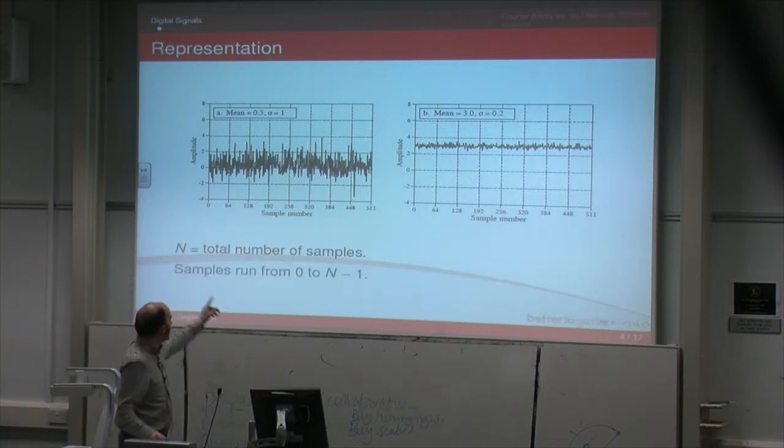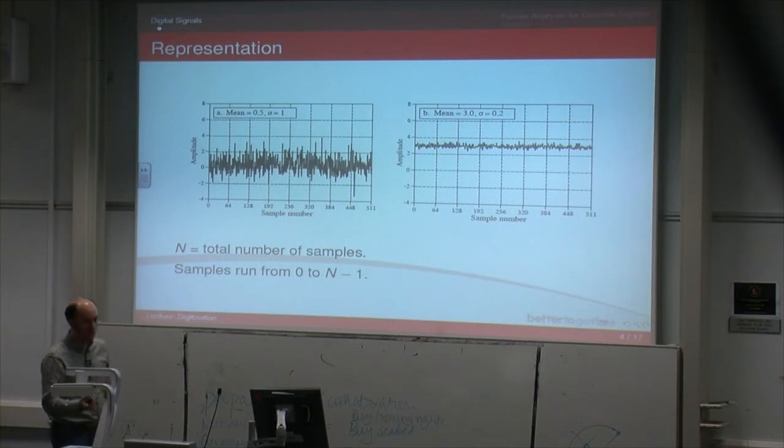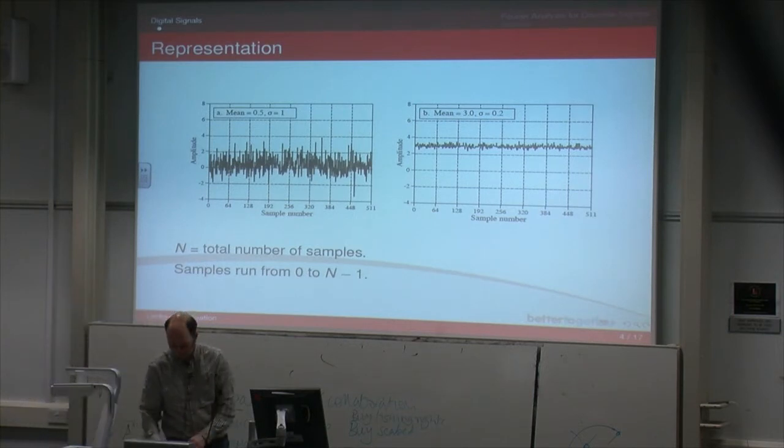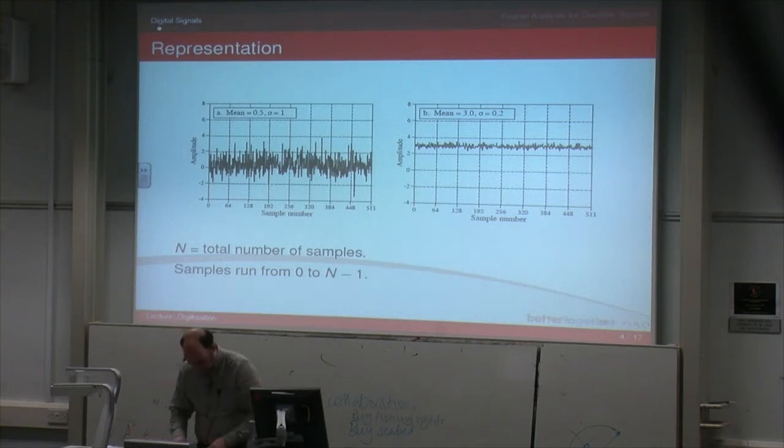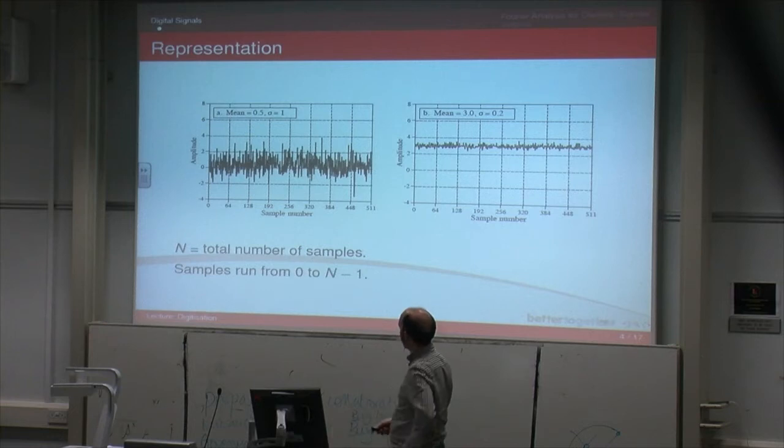And so these graphs here both have 512 samples, okay? 512 is one of those important numbers in terms of computing because it's 2 to the power of, I can't remember, 2 to the power of 9, I think, possibly. I can't remember. Anyway, you work it out.